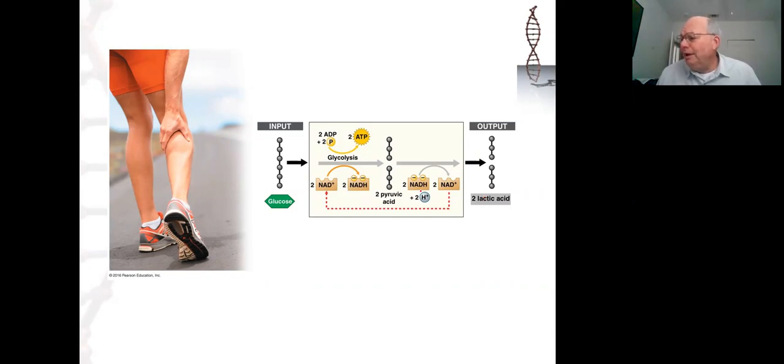So we use the electrons of NADH to reduce pyruvic acid to lactate, which accomplishes what fermentation is really all about, the oxidation of NADH back to NAD+, which gives us the source of NAD+ to allow glycolysis to continue. So this is found in muscles.